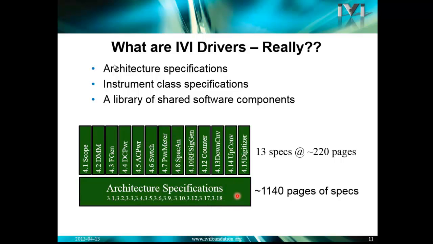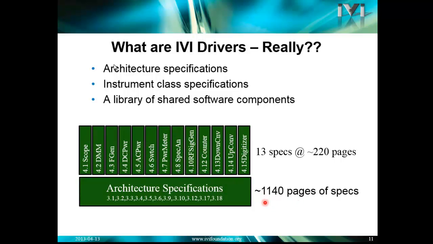These are the specifications that describe basically how do you build a C driver, how do you build a COM driver, how do you build a .NET driver, and exactly what that looks like, how it's installed, common functions, how to generate mnemonics, how to work in the various software environments. So that ends up being a lot of work, especially for the variety of languages that are supported.